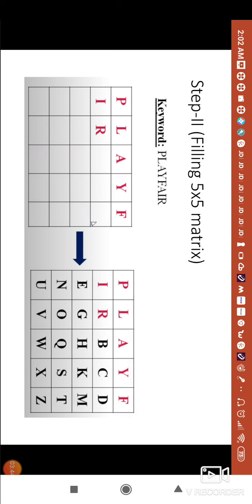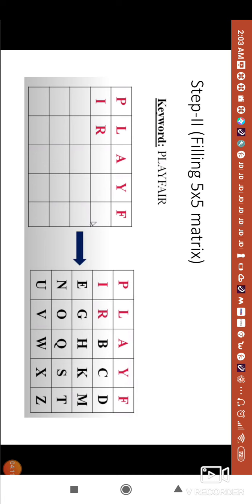For example, in this keyword Playfair, I have the repeating letter A. So you don't need to write A 2 times. Just write it only once, and the other A is discarded. The remaining cells in the matrix are filled by the letters which are not in the keyword.